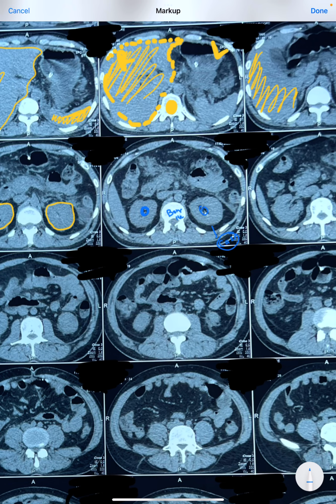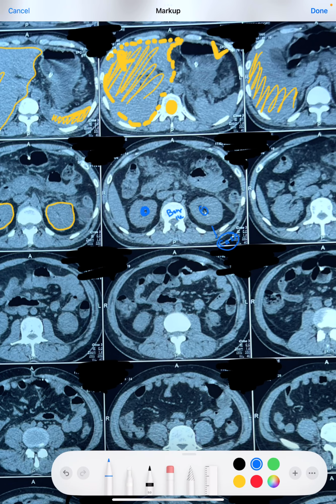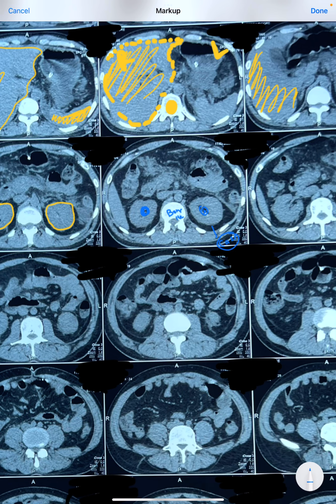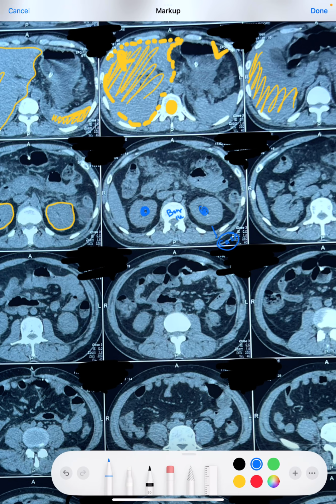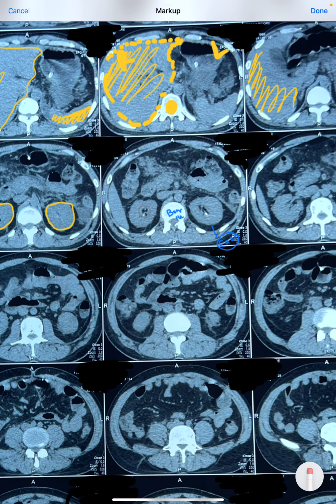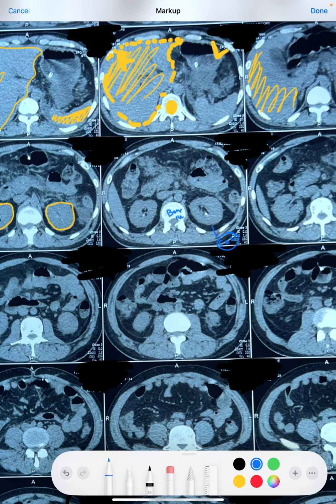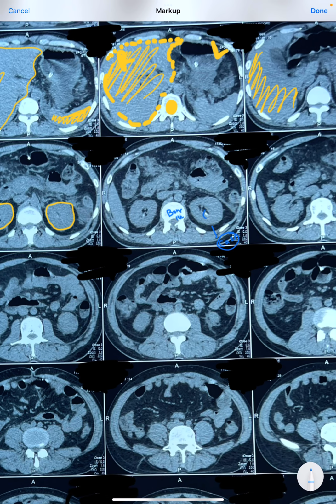So if there was some stone, it should have been dilated because of the hydronephrosis. And if it is an obstructive stone, then the stone is usually in the center and it will occupy all the renal pelvis or the ureter, and there will be dilatation. So this is non-obstructive renal calculi in both the kidneys.